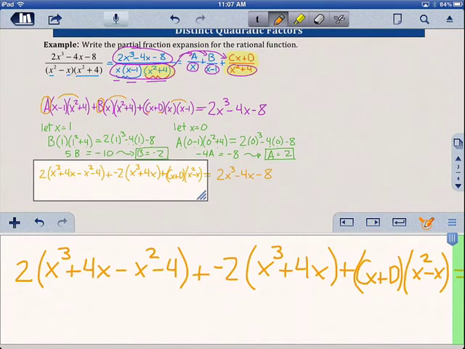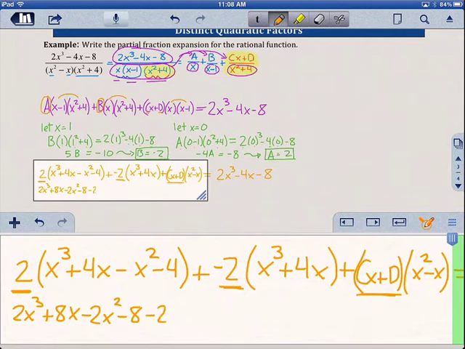Okay, next let's go ahead and distribute in the coefficients here. So we get 2x cubed plus 8x minus 2x squared minus 8. And then we'll distribute the negative 2, so we get minus 2x cubed minus 8x.